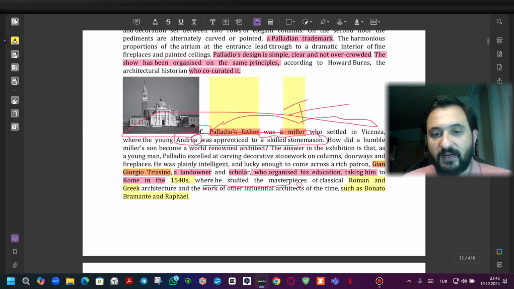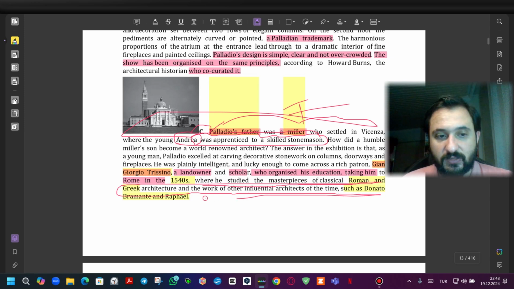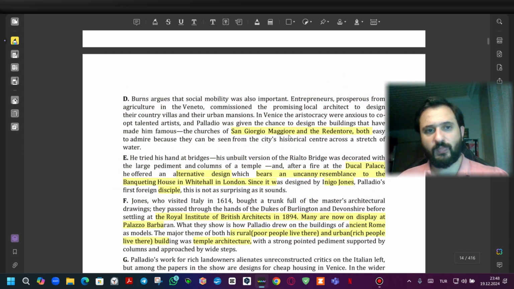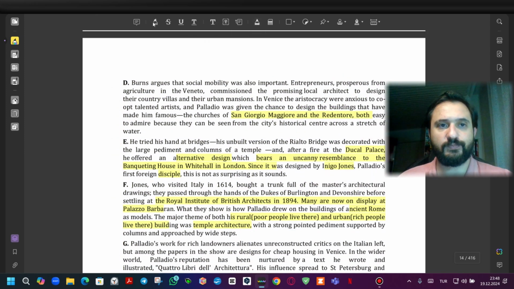So, where he studied the masterpieces of classic Roman and Greek architecture and the work of other influential architects of the time, such as Donato Bramante and Raphael. These are Italian, I think, so please never judge my pronunciation. So, let's move on. Birds argued that social mobility was also important.